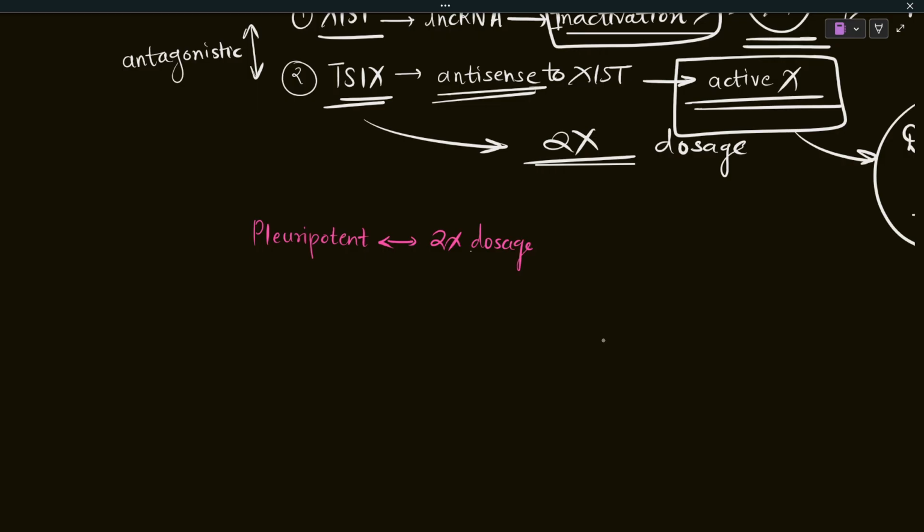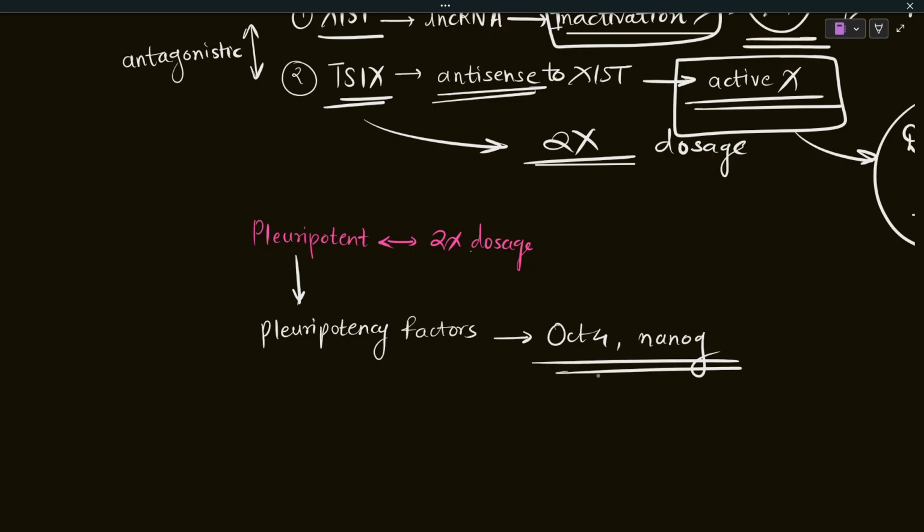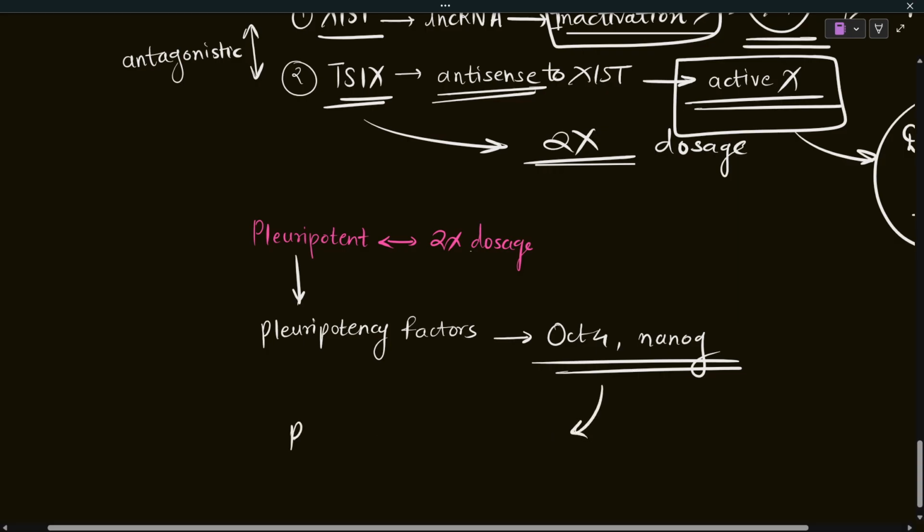There is some correlation between pluripotency and activation of both X chromosomes. So in the pluripotent cells, those cells have factors known as pluripotency factors, such as OCT4 or NANOG. They lead to the repression of RNF12.